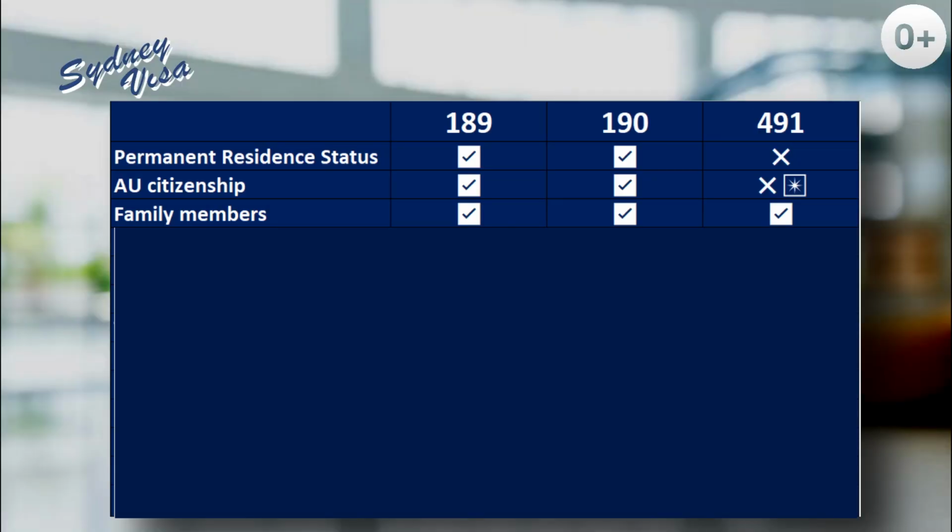Okay, let's continue with the differences between the visas. Bringing over the family, right? All visas imply that the members of your family unit are included in the application and receive the same visa as you. Members of the family unit are husband and wife, so either civil marriage or de facto relationship, and children under the age of 18.